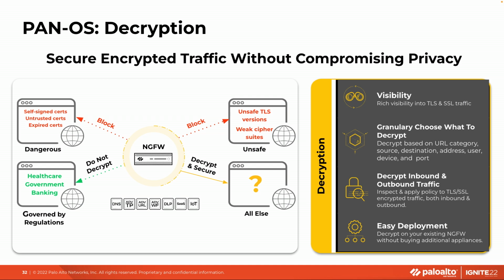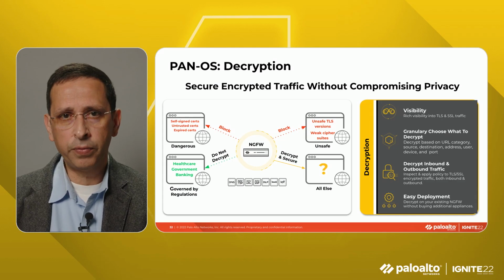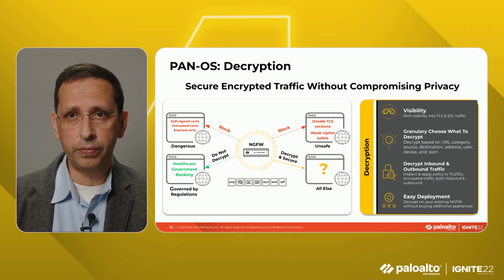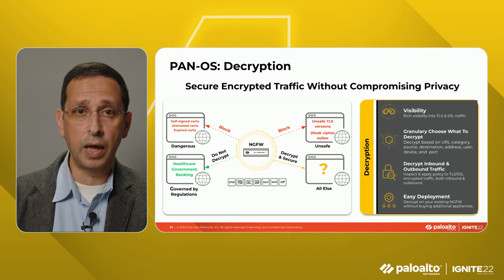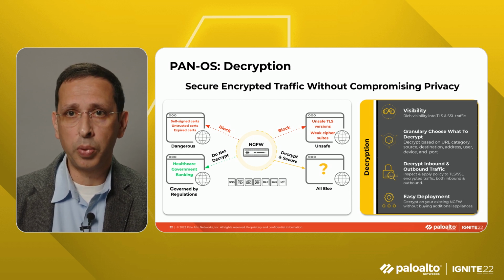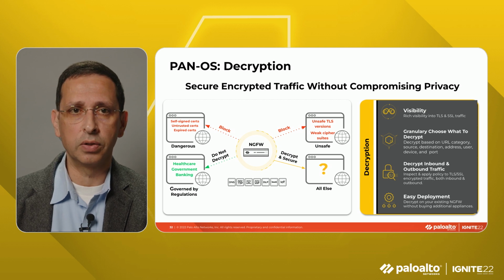In addition, having fewer devices means simpler network topology and less time spent troubleshooting. An easy-to-use management interface reduces the complexity and the OpEx. For example, you can combine applications, users, content, URL filtering, threat prevention, and advanced malware analysis into a single policy to safely decrypt your traffic. A next-gen firewall can also intelligently broker all traffic, TLS, decrypted TLS, as well as non-TLS traffic, to third-party security tools such as forensic appliances.